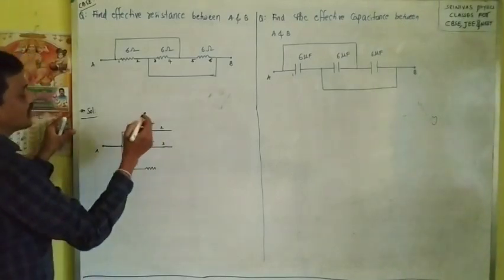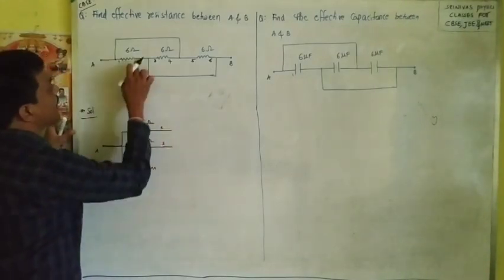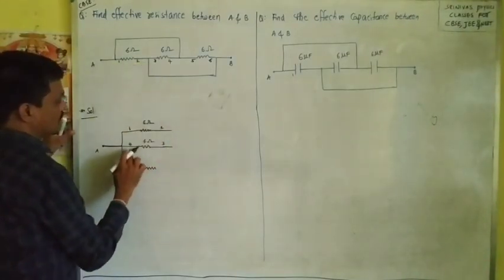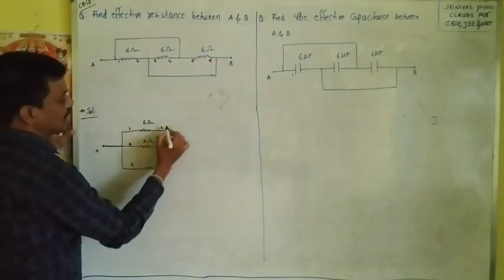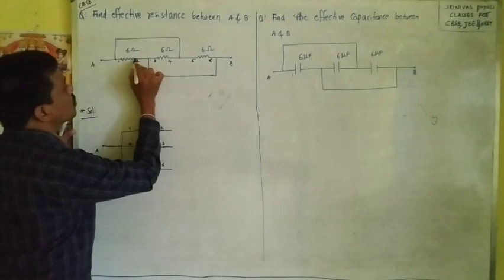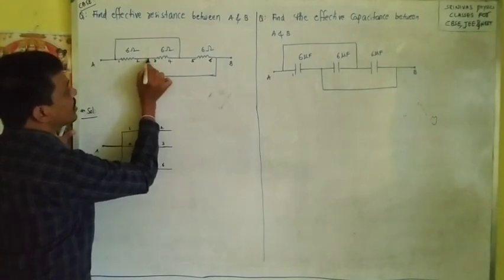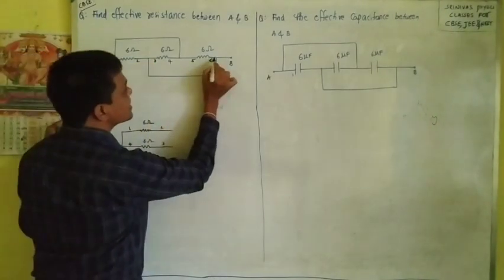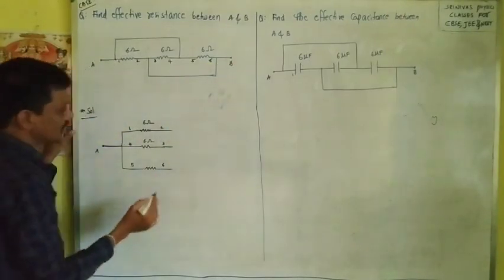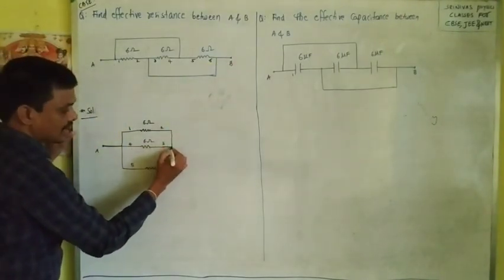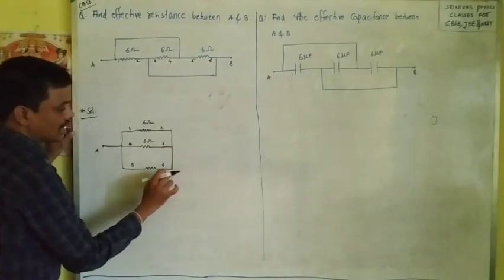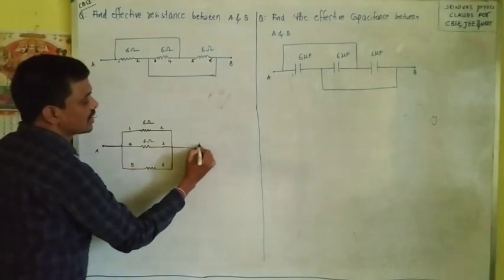And the next, this 1 end is 2 and 4 end is 3, 5 end is 6. And now look at here, 2, 3 are connected to the 6 and the 6 is connected to B, right?